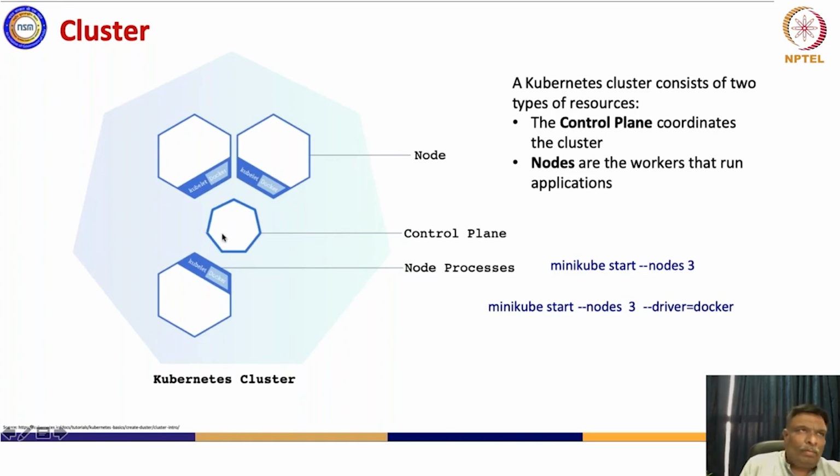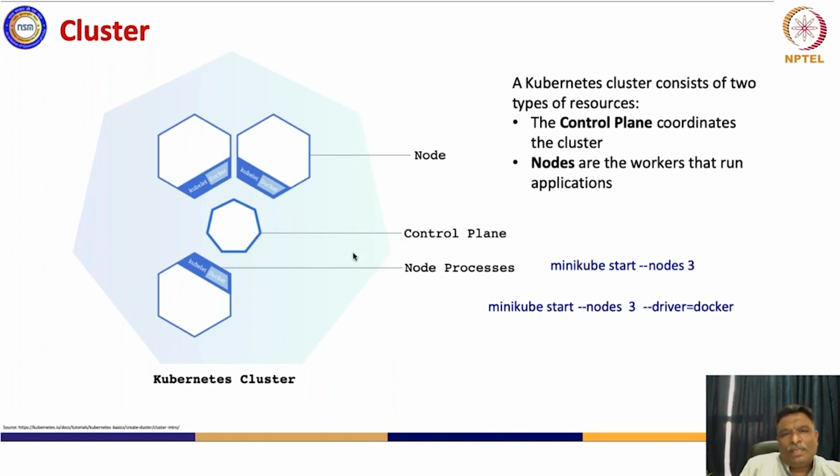This control plane is responsible for managing this cluster. These are various nodes. Each of these nodes are running certain Docker containers, and then there is a kubelet. So this is a control plane. These are various nodes. This is another way of representing a cluster, but this makes things a bit easier.